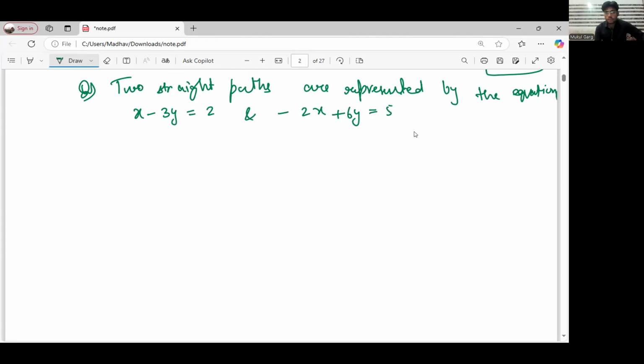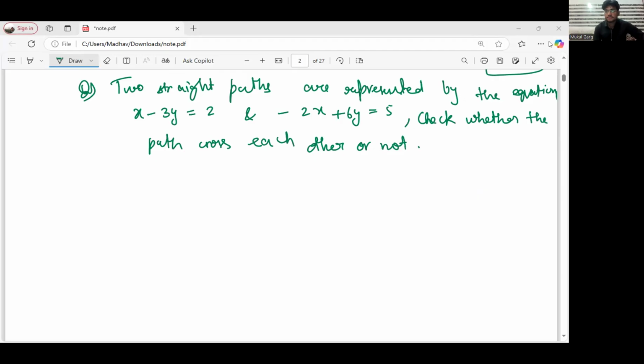Check whether the paths cross each other or not. Let's understand this question. Straight. The opposite of straight is what?